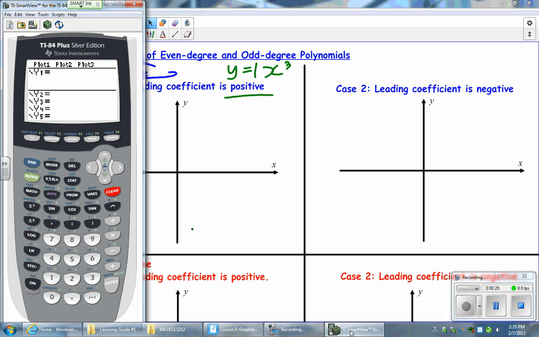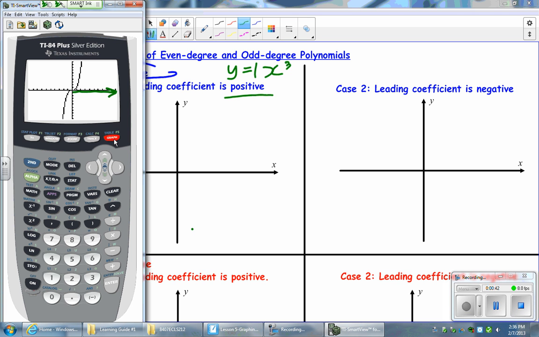If we graph this function using a calculator, I want you to observe the end behavior of the graph. Take a look at the graph here. Look at what happens to the graph when x gets really big. When x gets really large, this graph is increasing through quadrant 1.